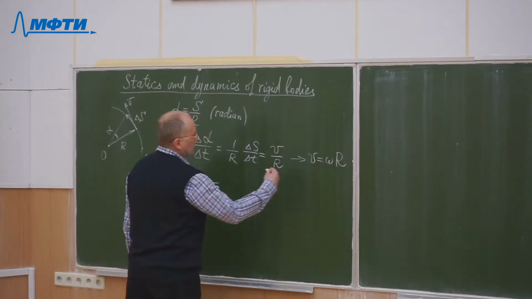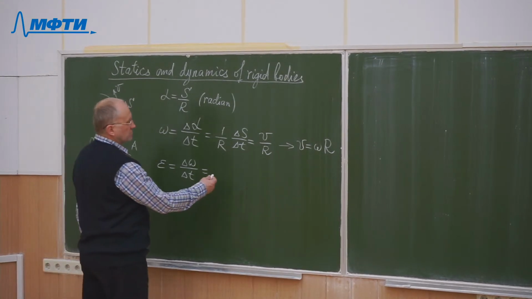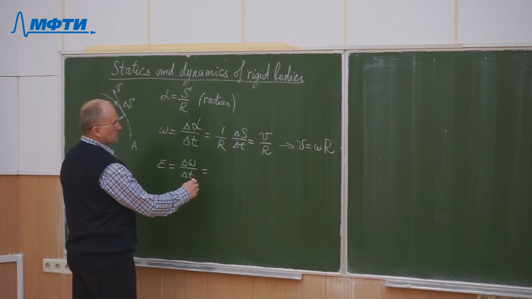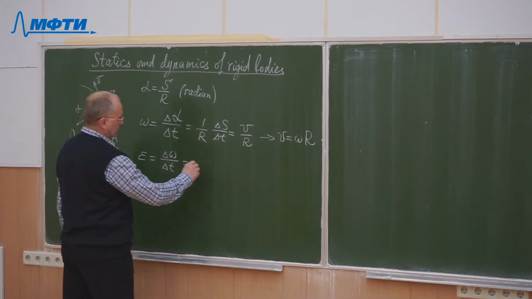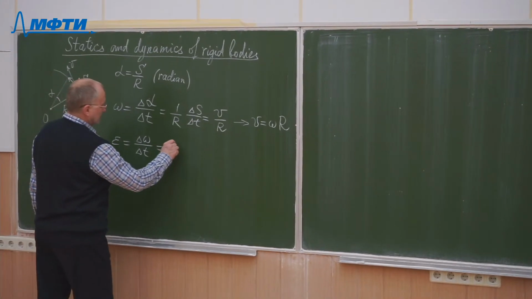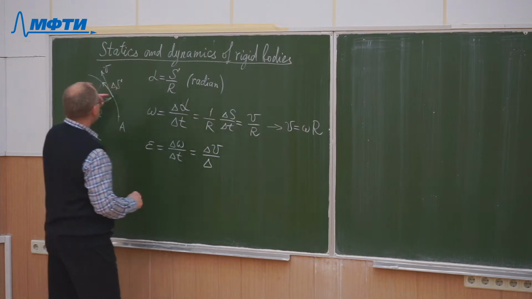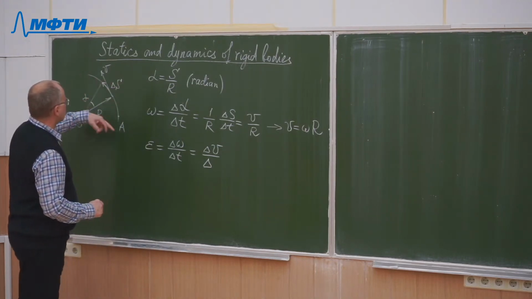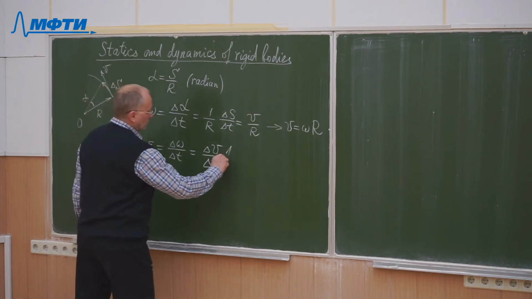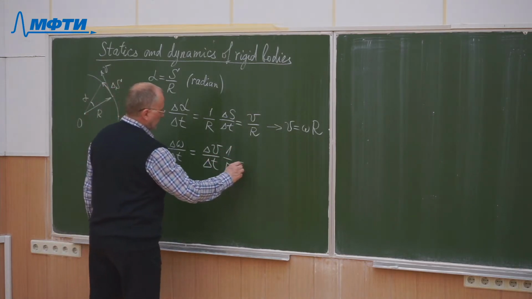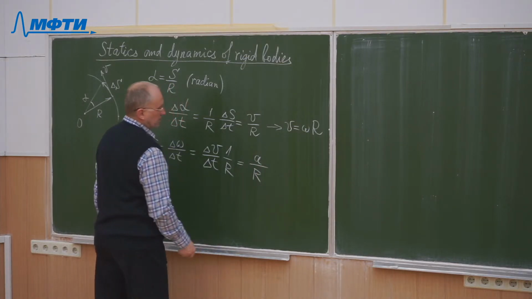According to this formula, that will be delta v, the linear or tangential velocity in this trajectory, divided by delta t, times 1 over r, which is the linear acceleration over r.